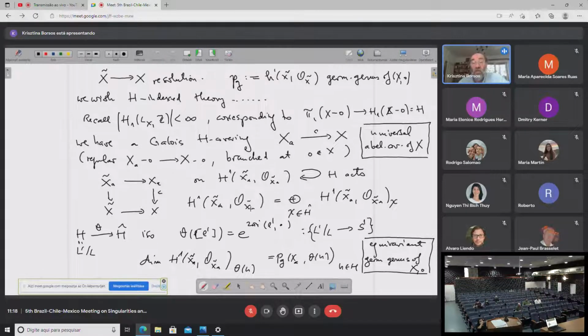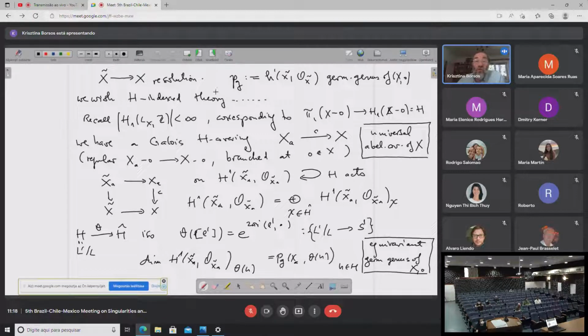Each eigenspace has some dimension, so the Galois decomposition associated with the universal abelian covering gives a package of different numbers, the equivariant geometric genus, which is indexed exactly by the Galois group, which is H. So by this construction we automatically have several numerical invariants, the equivariant geometric genus, indexed by our group H.